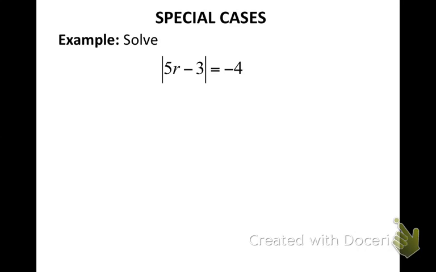No. It's not going to happen, right? There's no possible way that I take the absolute value of anything and it comes out negative. So these should be your favorite problem, because you don't have to do anything. What do you say for your solution? Yeah, just no solution. So right away, if you see an absolute value equal sign equaling a negative, bam, no solution. Done and done.